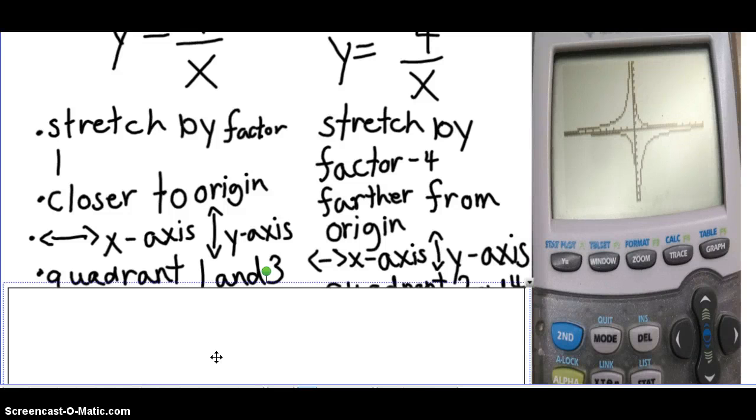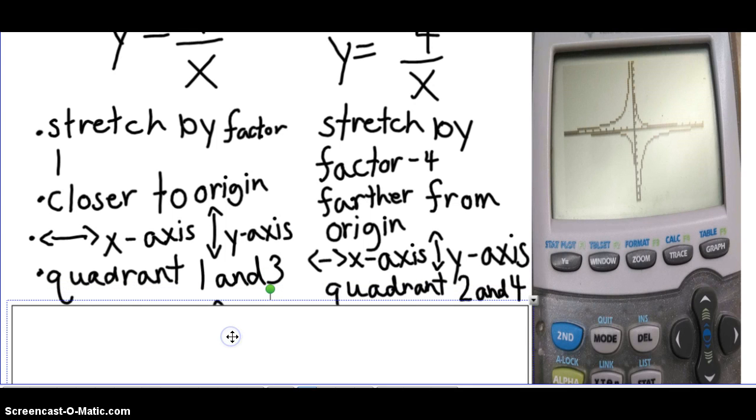The next thing to do is to see which quadrants your lines are in. Usually, if there's a positive number on top, it'll be in quadrants 1 and 3, as you can see in y equals 1 over x.